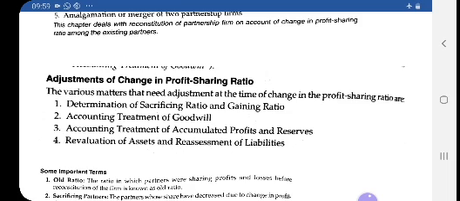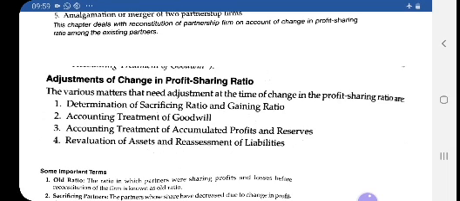So this is the second way to do the adjustment relating to any accumulated profit or reserves given on the liability side, and any fictitious assets like advertisement expenses, revenue expenditure, deferred revenue expenditure that are to be adjusted. So this is the treatment relating to accumulated profits and reserves.